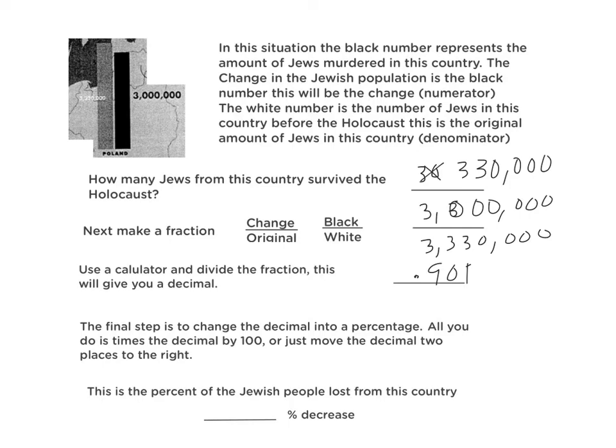So change this into a percentage. We had a 90, and this could be 90 or, well, we'll just leave it as 90. This is a 90% decrease, or 90.1% decrease in the Jewish population.